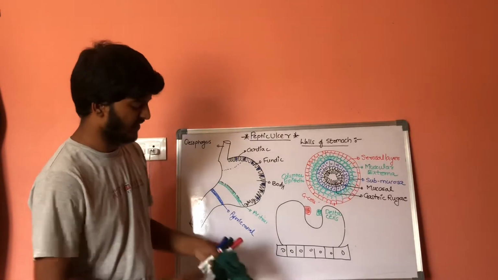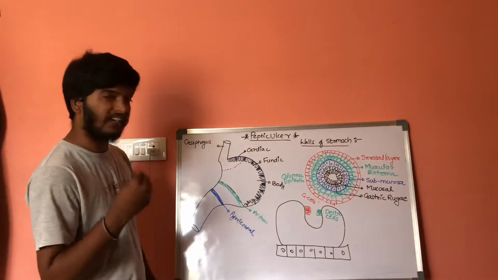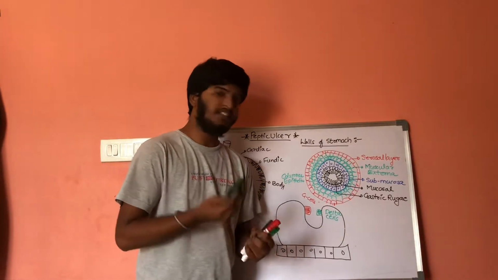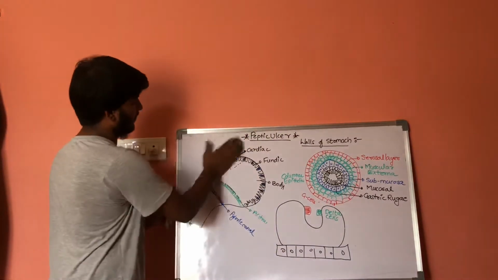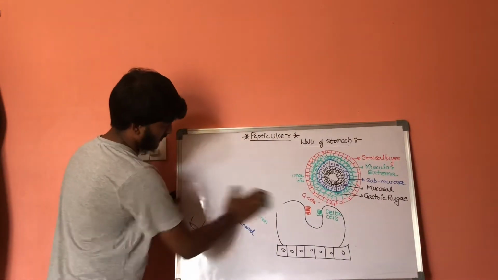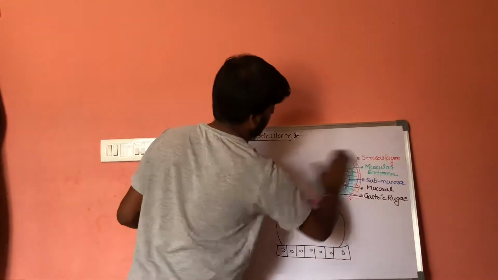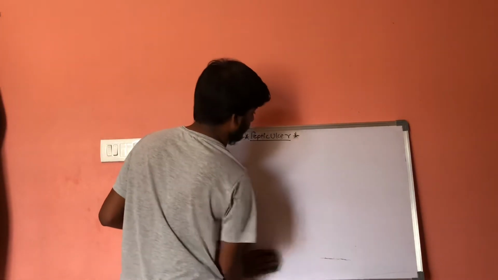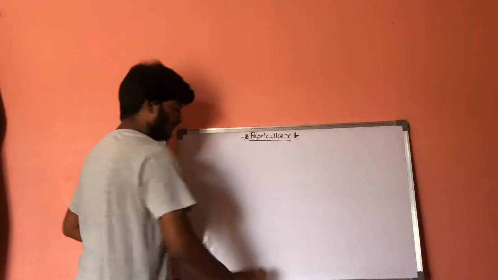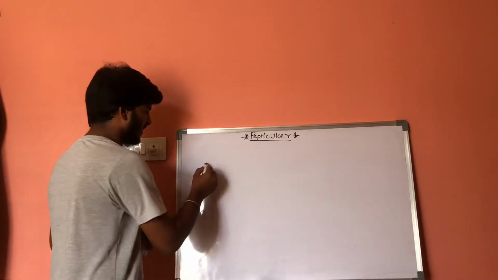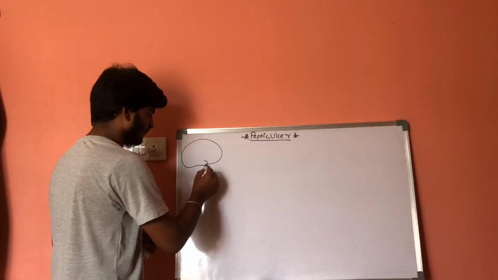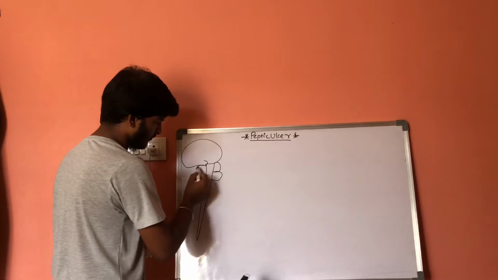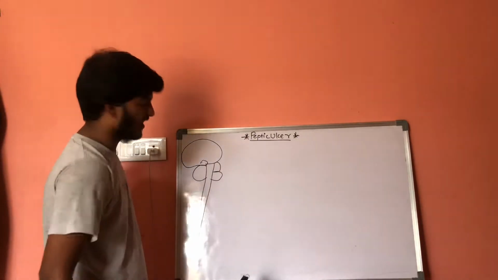Now let us have a discussion on the two pathways which help in the release of HCl. Let us consider this is our central nervous system.